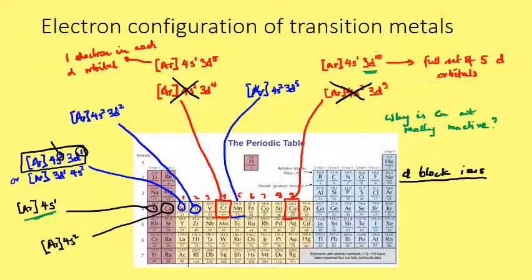So they lose these electrons when forming ions.